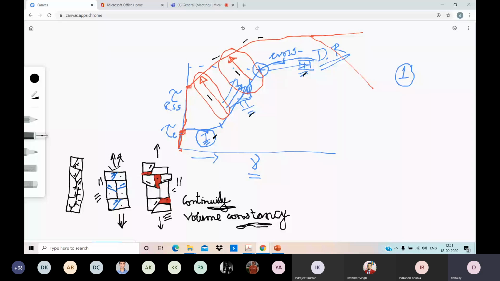So what are these dislocations called in single crystal? They are called statically stored dislocations. Statically stored dislocations. You please repeat.